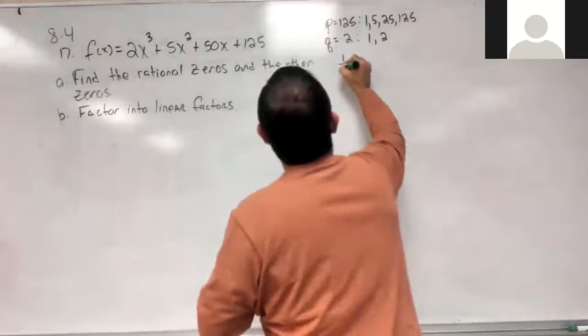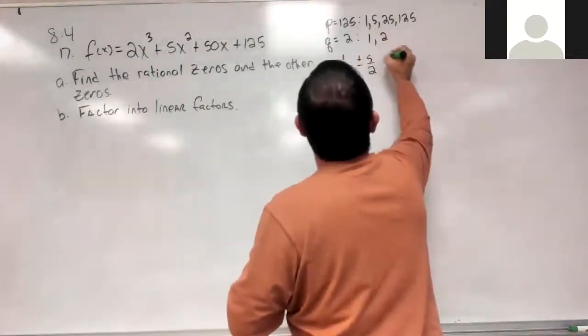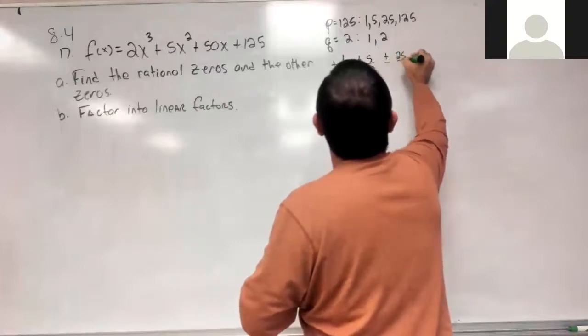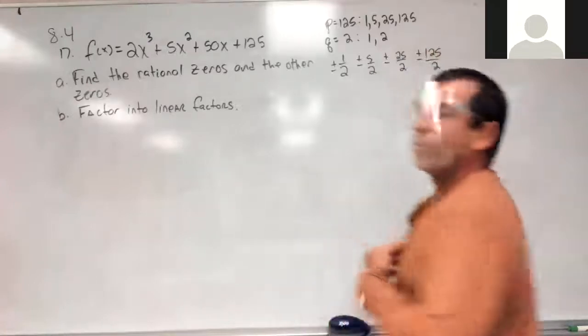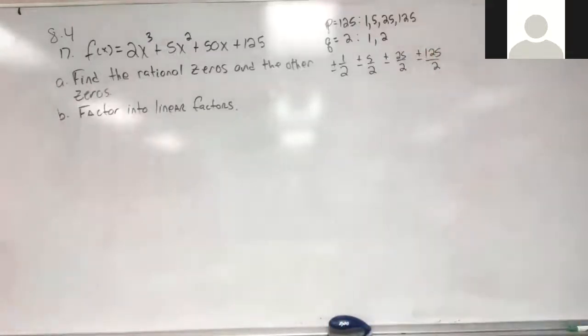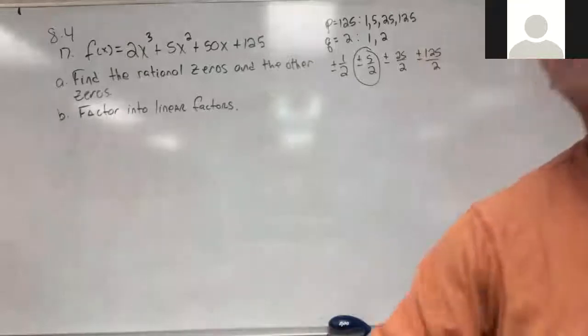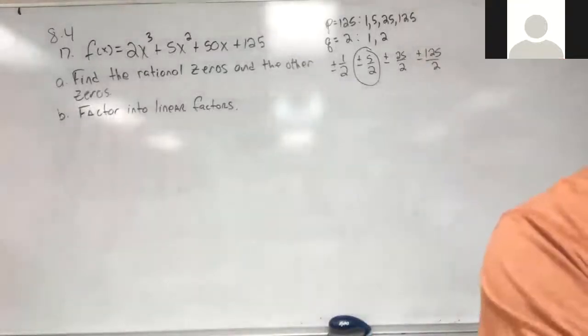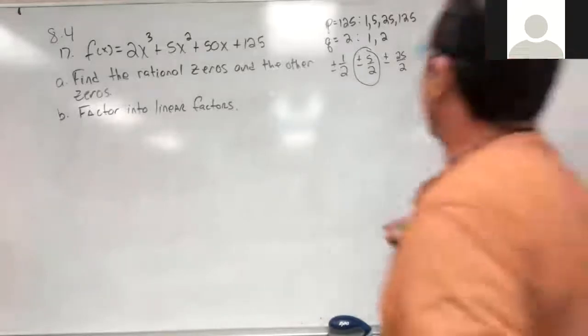So it's either going to be plus or minus 1/2, 5 halves, 25 halves, or 125 over 2. Which one of those looks closest to negative 5 halves? Because that'd give me about 2.5, and that looks about right where it was crossing too. So we're going to try that first, okay? The negative 5 halves.